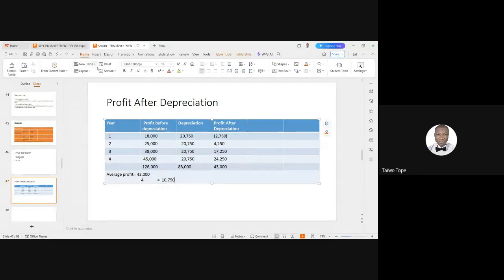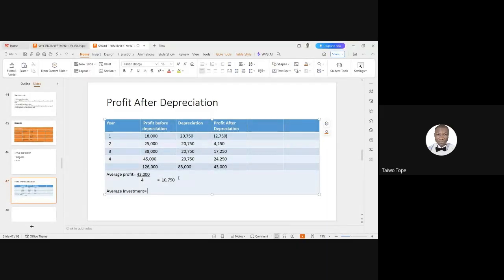10,750. Your average investment will be what? Average investment will be equal to what? Your investment at the beginning is what?